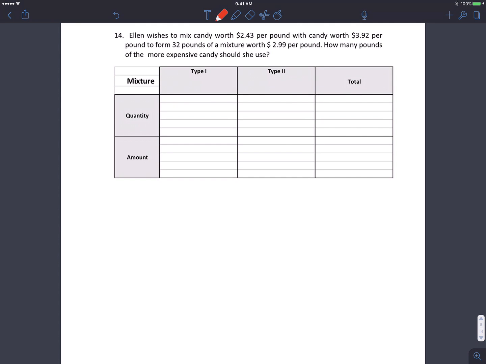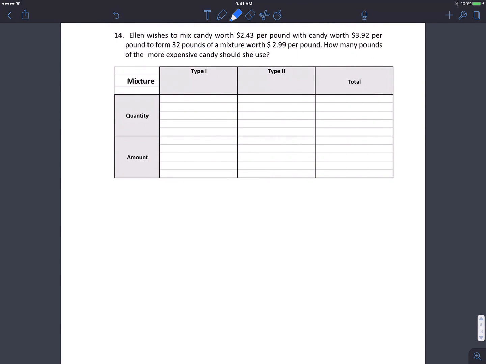Number 14, let's read this completely. It's a little tricky. Alan wishes to mix candy worth $2.43 per pound with candy worth $3.92 per pound to form 32 pounds of a mixture worth $2.99. All right, here we go. Alan wishes to mix candy. You don't know how much.